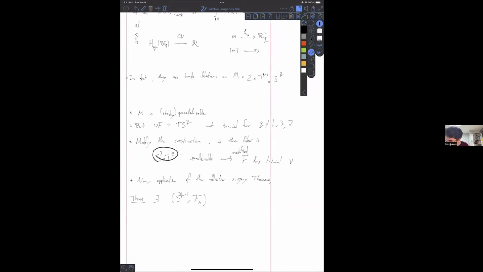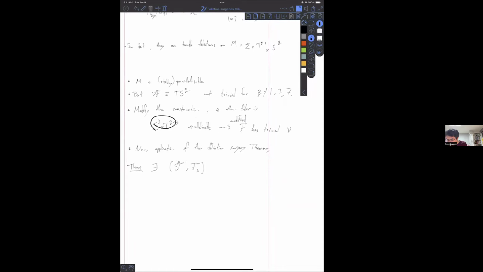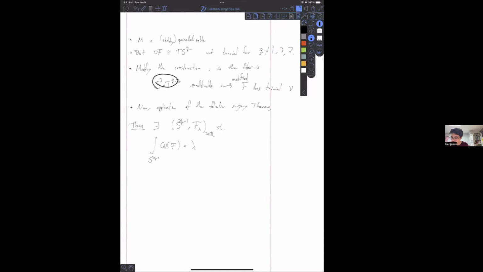The fiber needs to be Q-dimensional. So the minus 3 was right. Okay. There exist such foliations whose Godbillon-Vey numbers equal all of R, essentially by modifying Thurston's construction. And it's a pretty small modification.